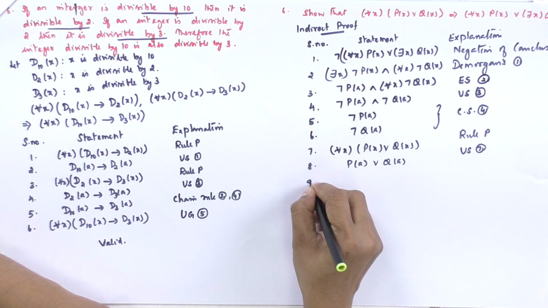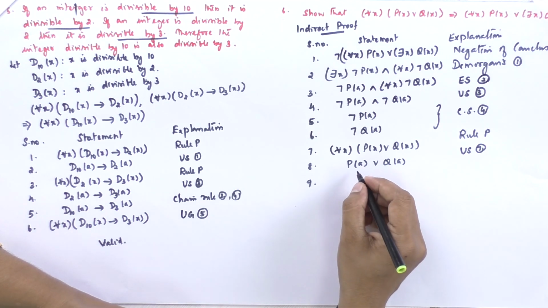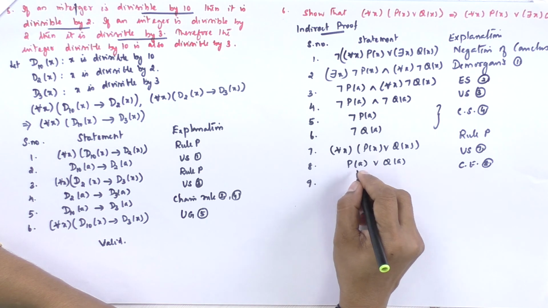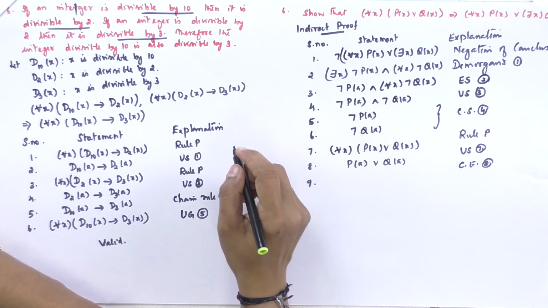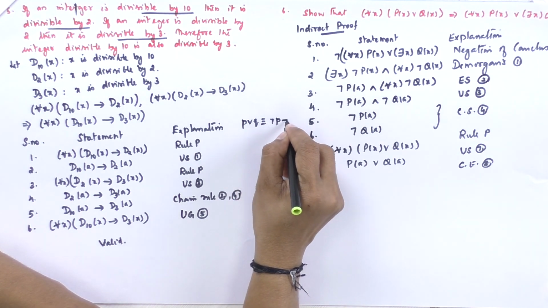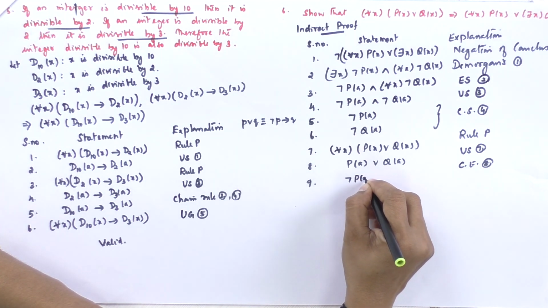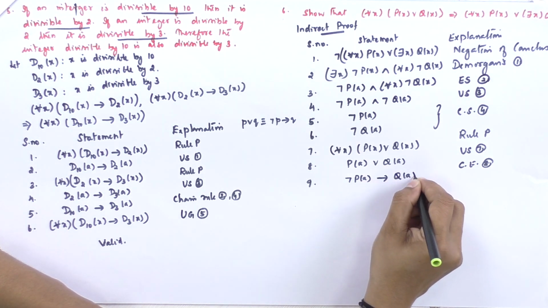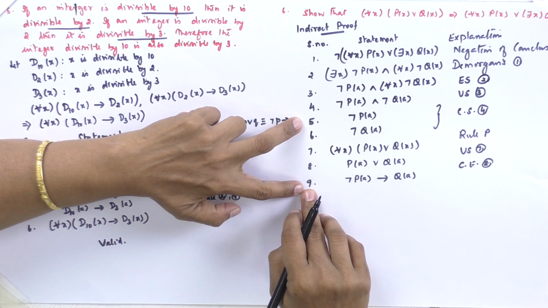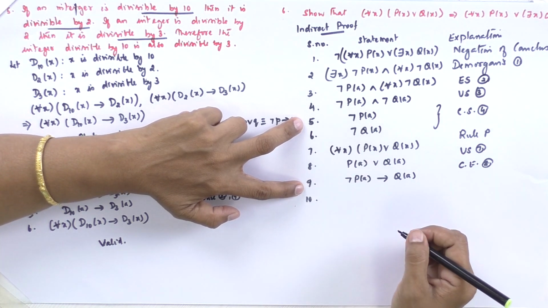Our intention is to get the conclusion as F, so however possible you can apply the laws. Now I can apply conditional equivalence on 8. Whenever I have P or Q, that is equivalent to not P conditional Q. So it is not P of A conditional Q of A. Now look at the 5th and 9th steps: I have not P of A, and not P of A conditional Q of A. What suitable law can we apply here?